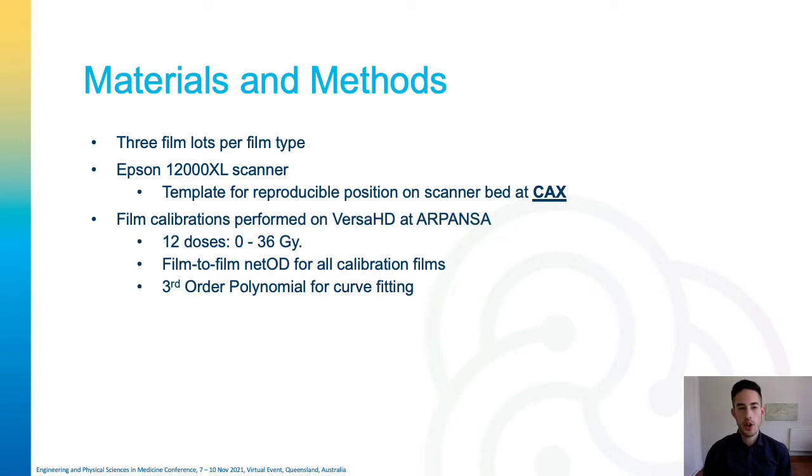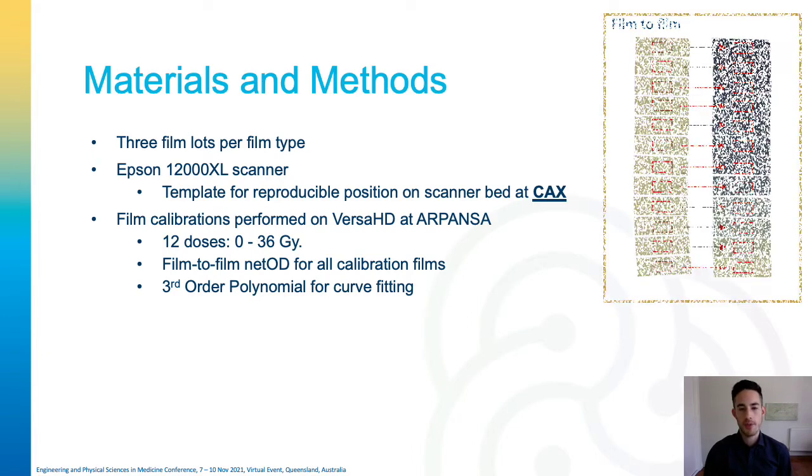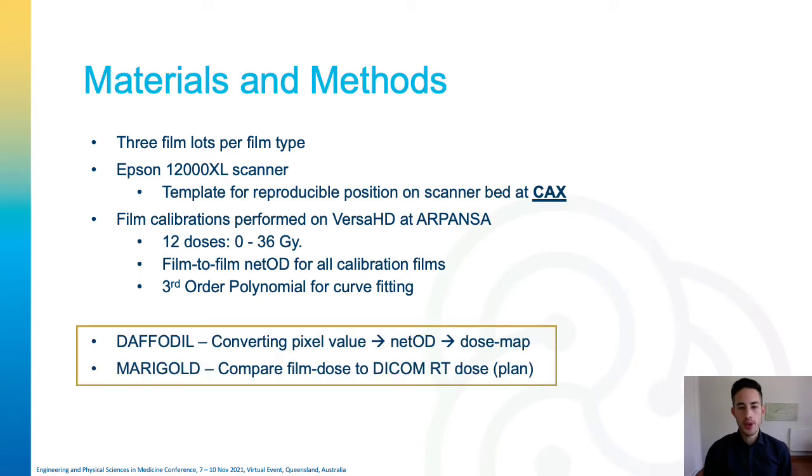All the calibration curves were generated using 12 calibration films ranging from 0 gray to 36 gray. And while we're analysing these 3 different net optical density methods for the experimental films, all of the calibration films are processed using a film-to-film net optical density method. Finally, we used some in-house developed programs, first of all Daffodil to convert our scan to a dose map, and Marigold to analyse our dose maps against the provided RT dose file for each plan.